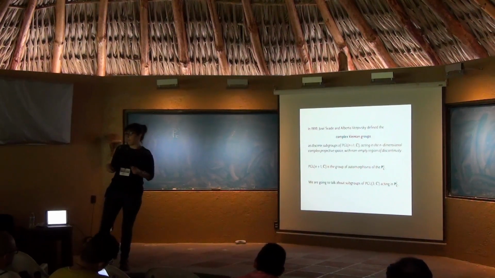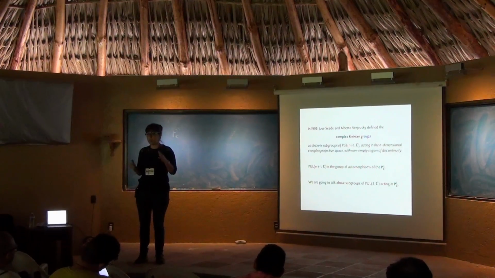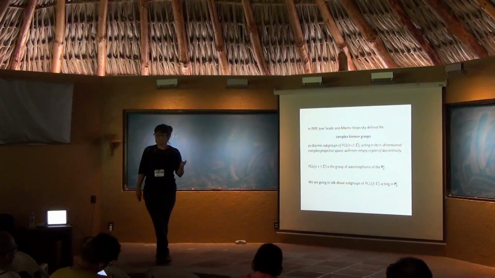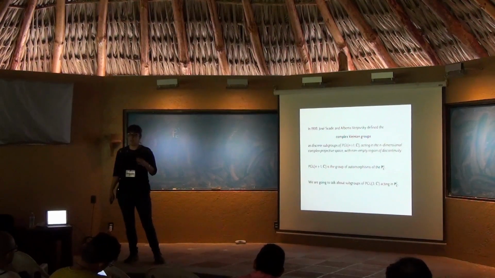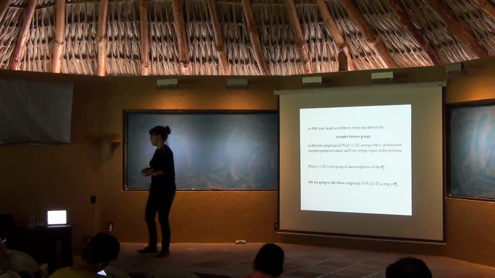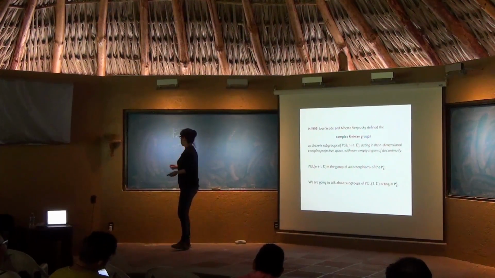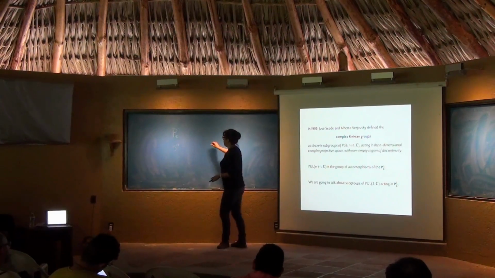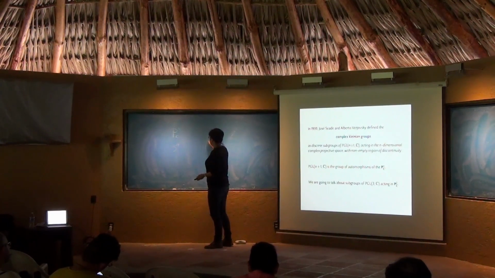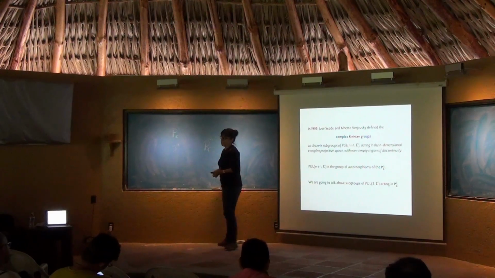When thinking in higher dimensions, there are two ways to follow. One is to think about the conformal transformations of the n-dimensional sphere, or to think about the holomorphic transformations of the space PNC.